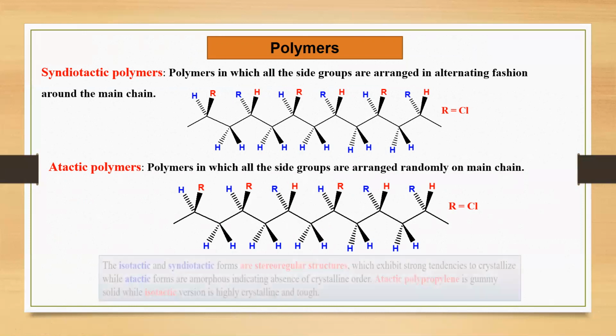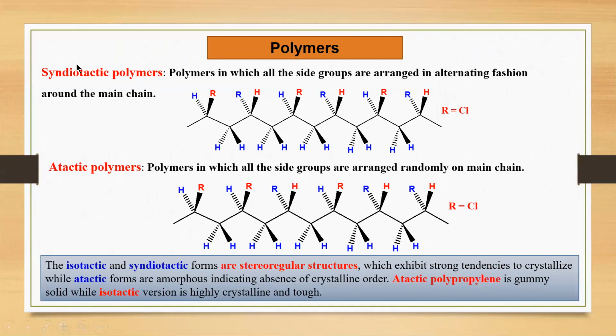As we observed in the case of isotactic and syndiotactic polymers, there was a fixed order, either on the same side or in an alternating fashion. So these isotactic and syndiotactic forms are stereoregular structures. That is, they follow a certain symmetry. Since they follow a certain symmetry, the chains can get closer to each other, resulting in some intermolecular interactions.